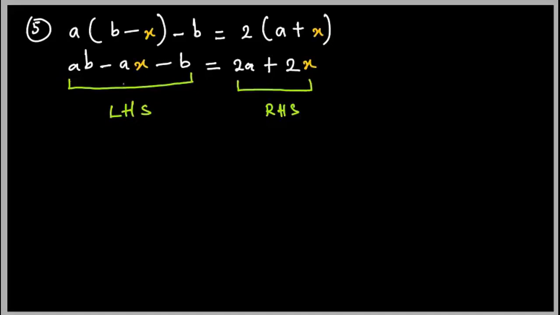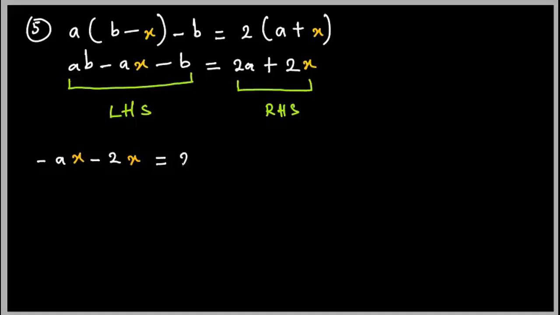Now taking like terms, I already have an x term on the left, that is minus 3x. We have another x term on the right hand side, 2x. But if 2x comes over to the left, it becomes minus 2x. And then we have equal to, because we don't have any x term again, so we close with an equal to.